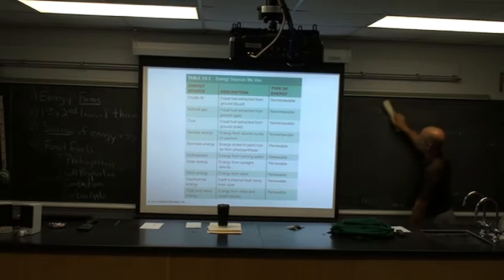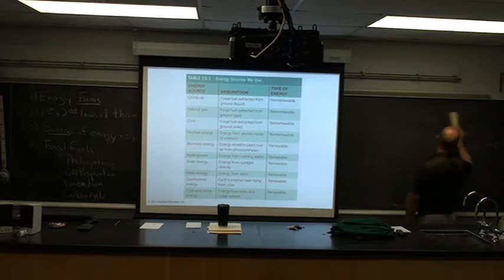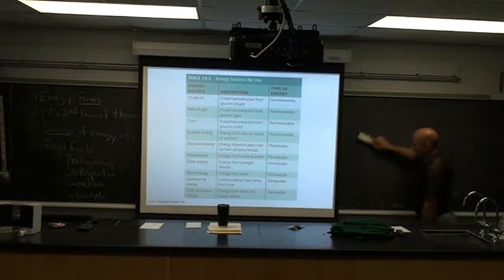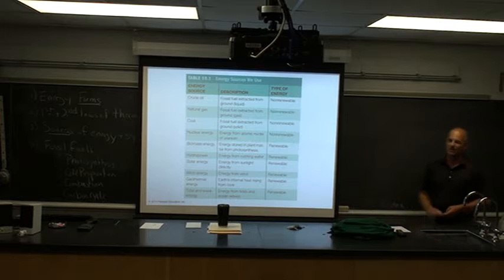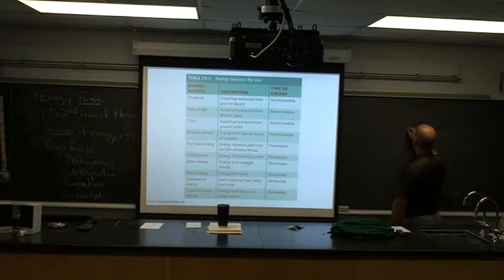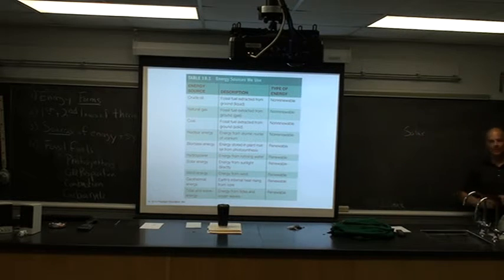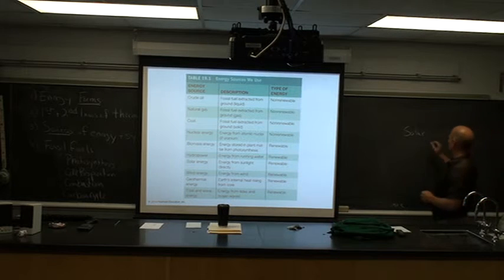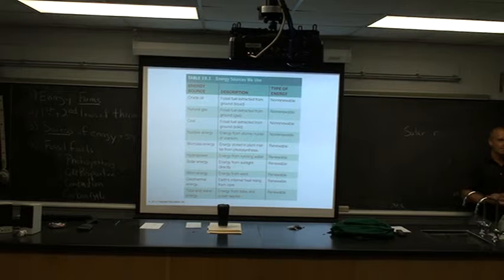And it helps to start with the sun. We don't get all of our energy from the sun, but just about most of it. So we're going to take these and rearrange them into a picture so it'll help you to learn it. So solar energy, we said that's renewable, so we'll put a little R next to it.